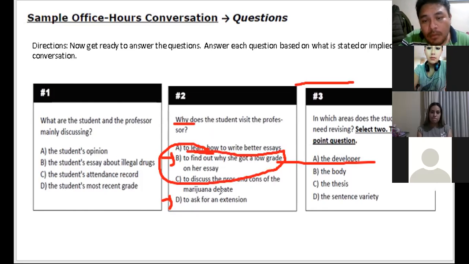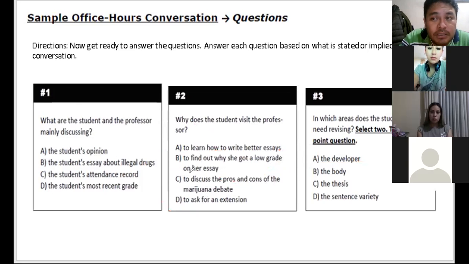As I told you, this one we call a distractor because it sounds very obvious. But in the question it doesn't say purpose.